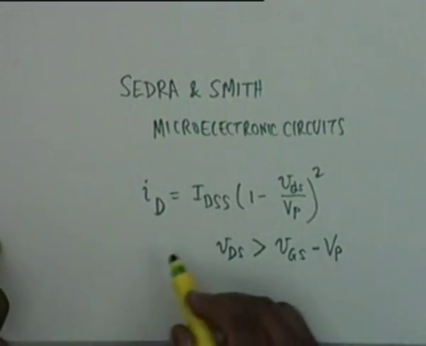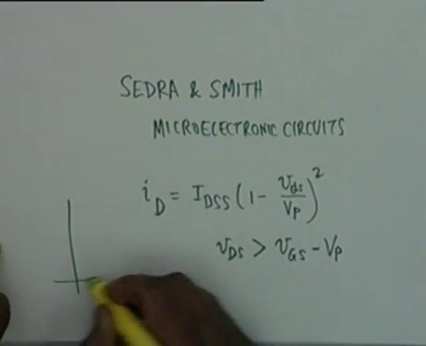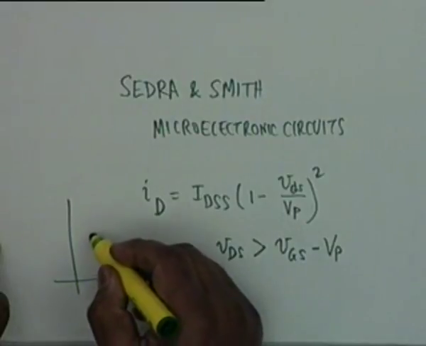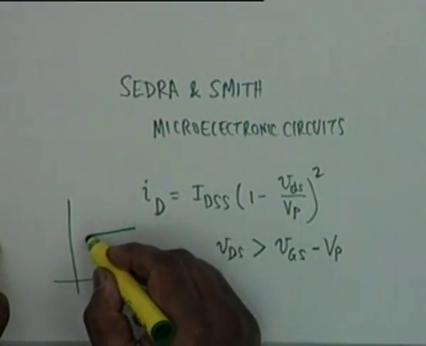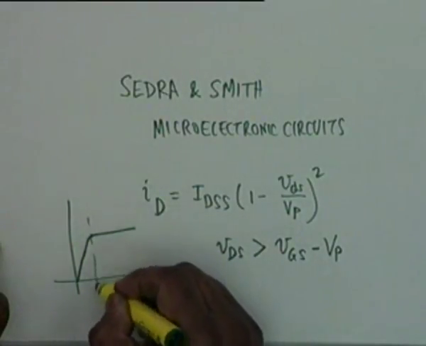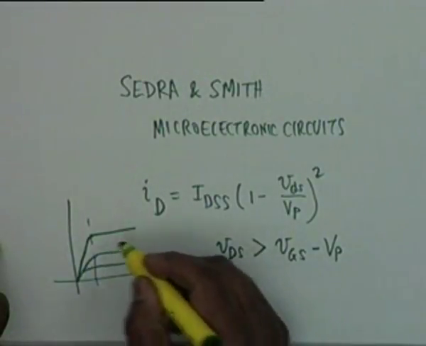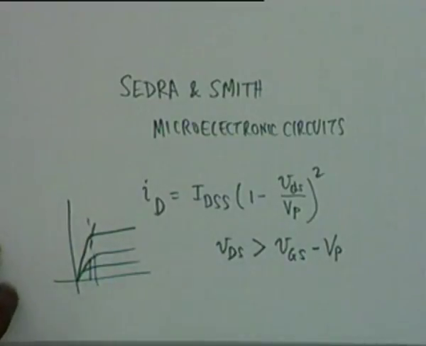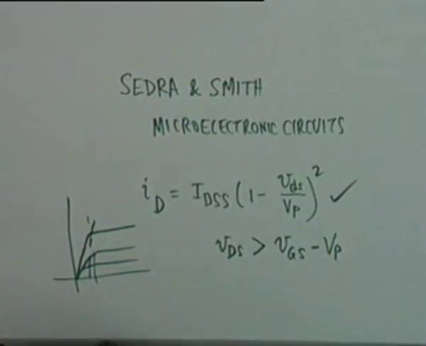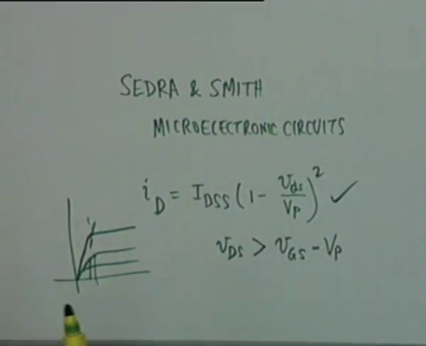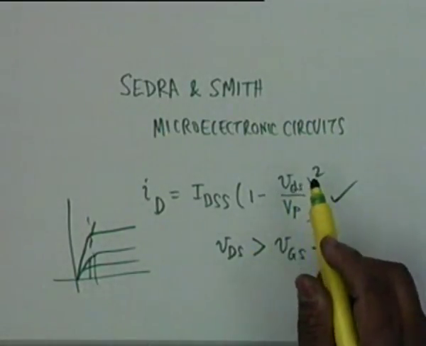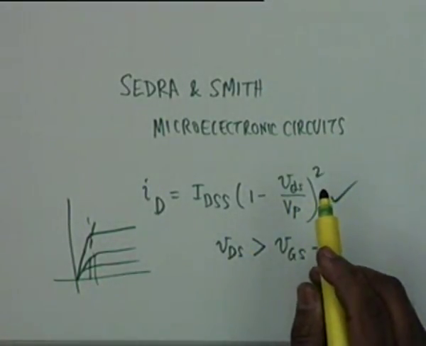If this happens, then we are in the saturation region. This is the relationship between current and the controlling voltage VGS. The relationship is not linear.